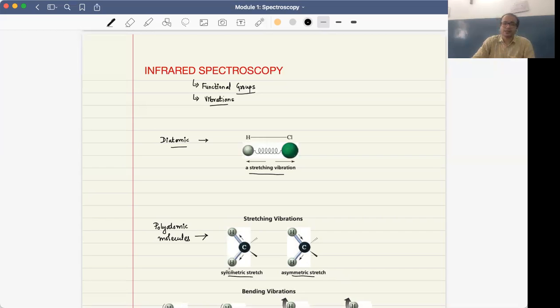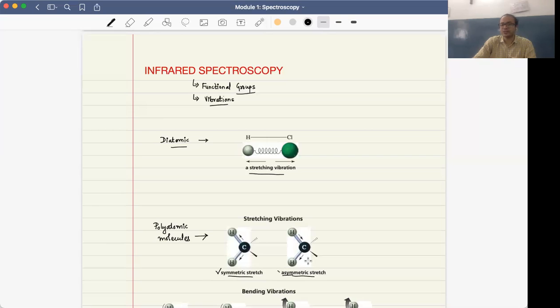So that is one type of stretching that is possible, a symmetric stretching. And the asymmetric stretching is pretty easy to understand, because if one of the bonds is elongating, the other bond is compressing.